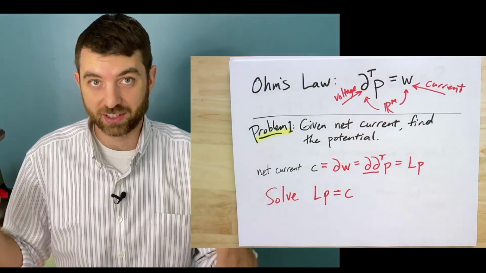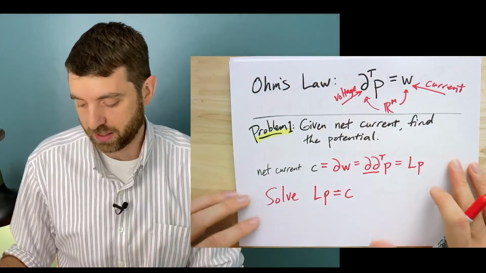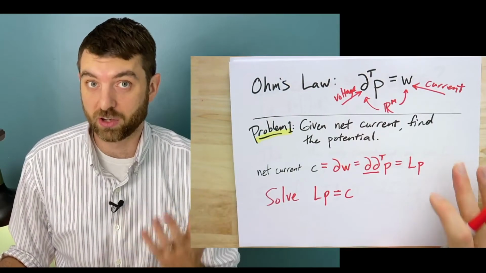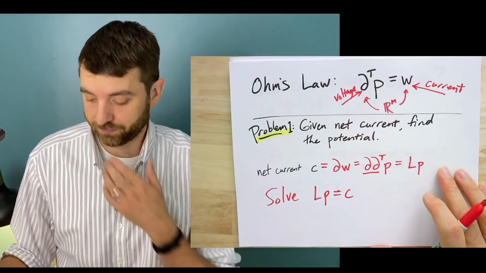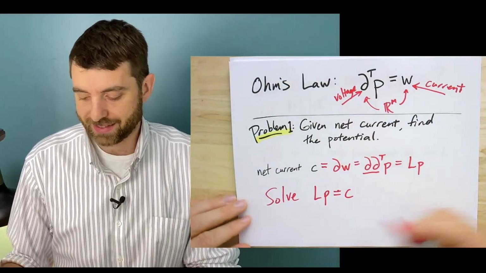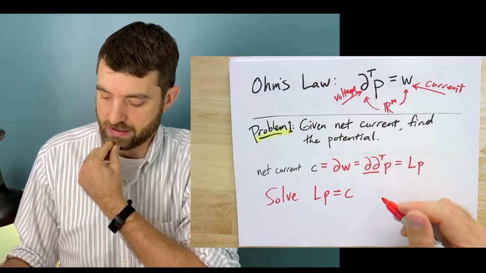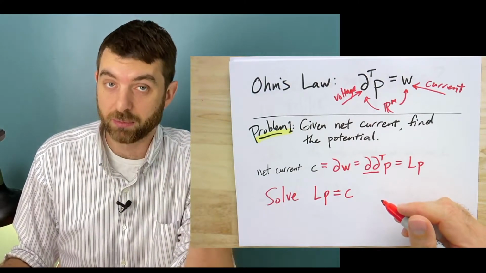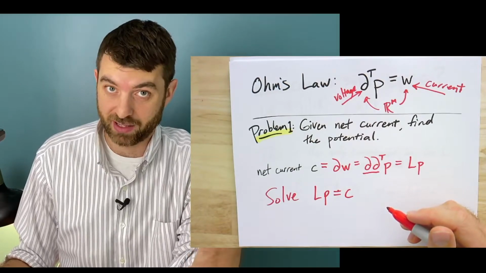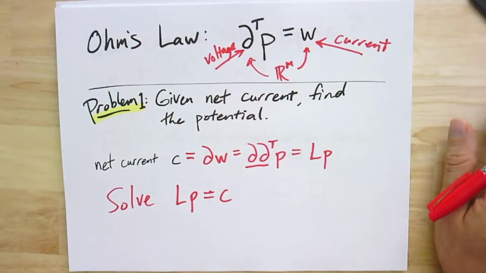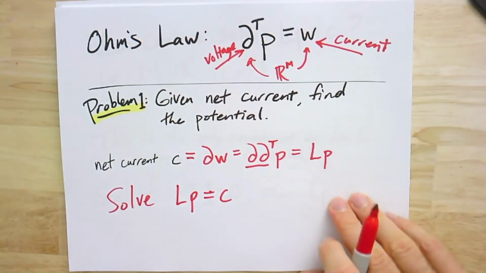However you want to think about singularity, the determinant is 0. There are values of C for which there is no potential to realize that current. And so that seems maybe disheartening, but there's good news, because we actually know exactly when we can solve this system. So let's see.